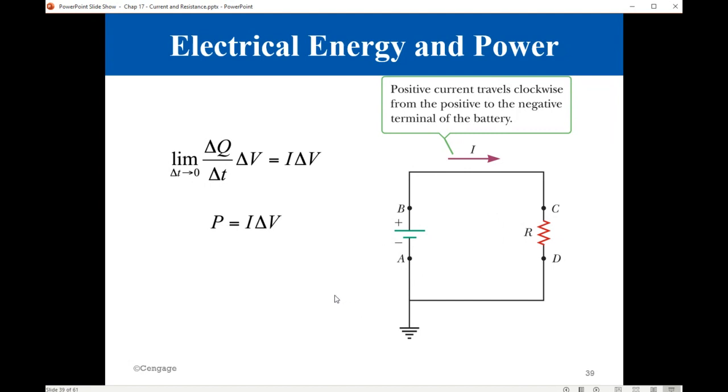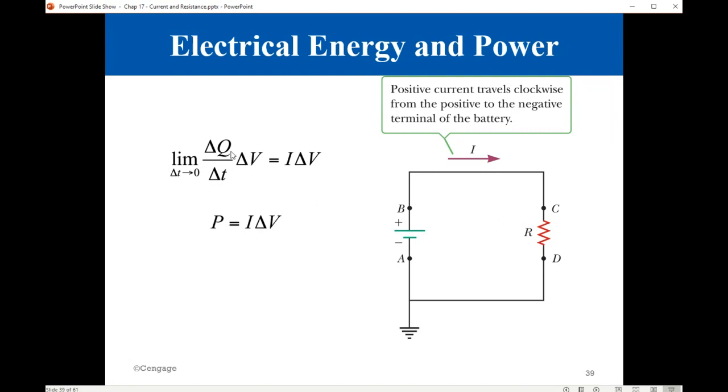So the power, which is the energy per unit time, can be calculated from this equation, dq by dt, which is the electric current multiplied by the change in voltage, delta V. So dq by dt is I. Okay.